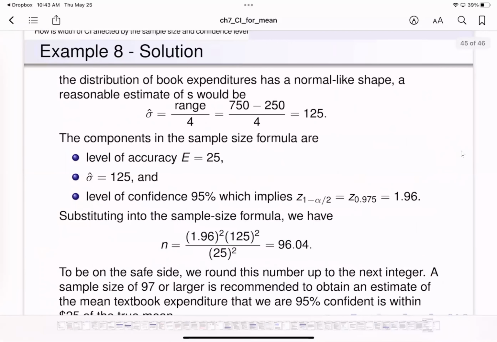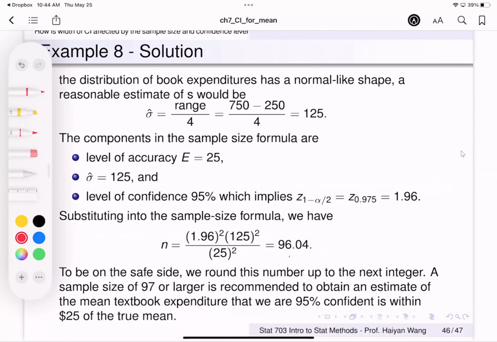So the standard deviation is estimated to be 125, the margin of error is 25, and the level of confidence 0.95 gives us z to be 1.96. The computation for sample size is z squared times sigma squared over E squared, and that gives us 96.04.